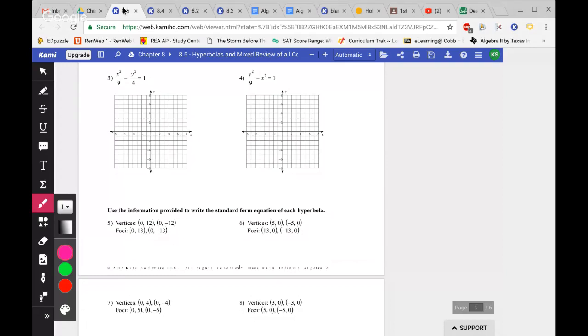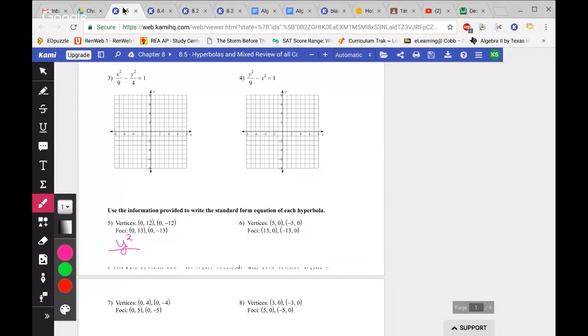In this case, the vertices are (0, 12) and (0, -12). So they're in the y coordinate, which means y is going to be the first variable in your equation.